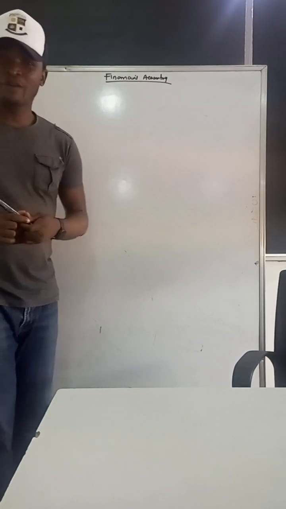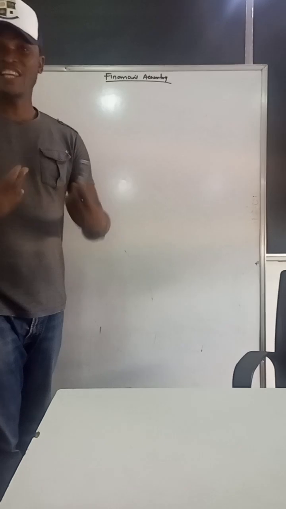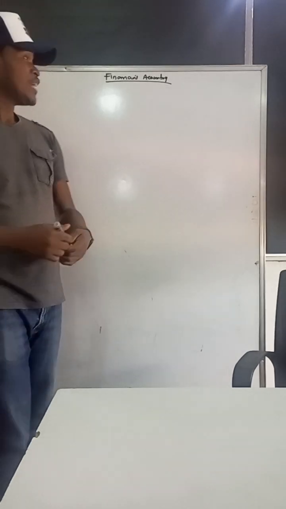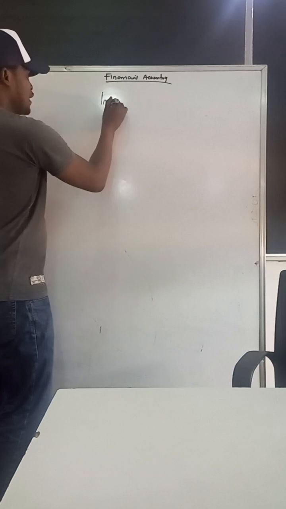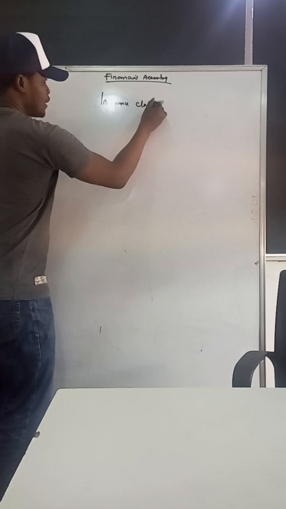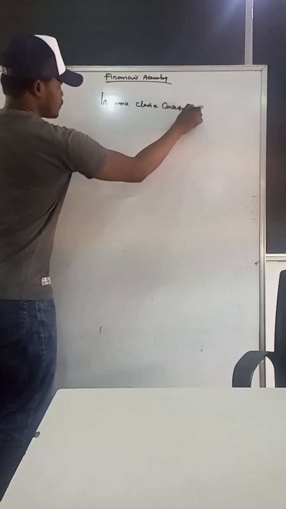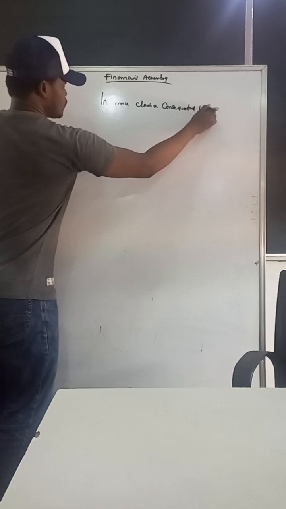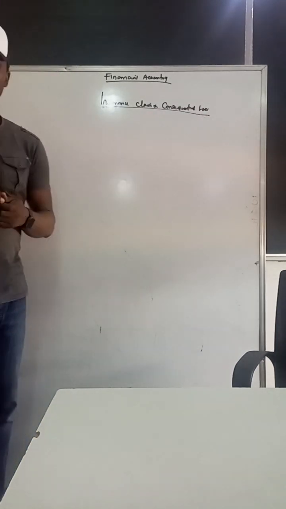And under this financial accounting, I'll be taking a new topic, a topic that students are always scared of. And what is that topic? I'll be taking what is known as insurance claim and consequential loss. Insurance claim and what? Consequential loss.